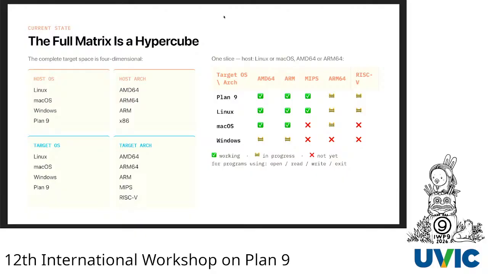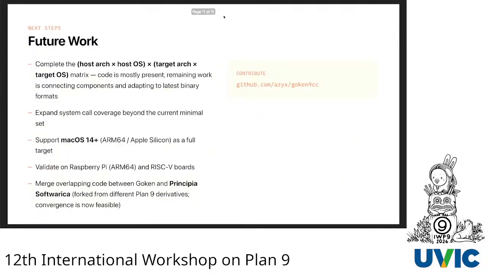But it is doable. The future work is to try to complete this big hypercube of combinations of configurations. It's not that complicated, but each time it's a little detail, like macOS changed, like the system calls are a little bit different. For each operating system, you need to find the right value for each system call number. Open on Linux is 24 on MIPS, but it's 56 on ARM, so it's going to be a different value.